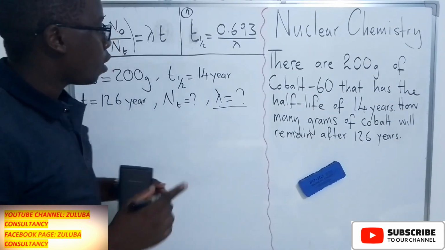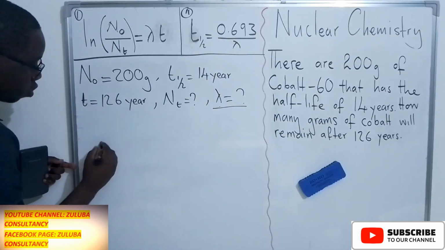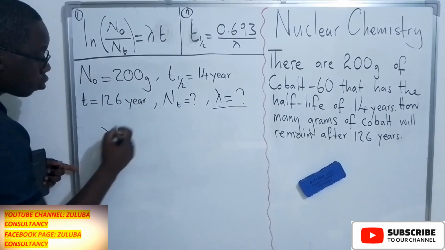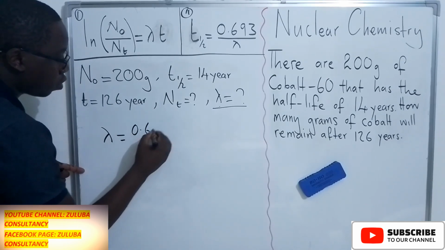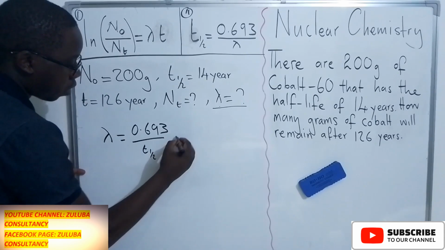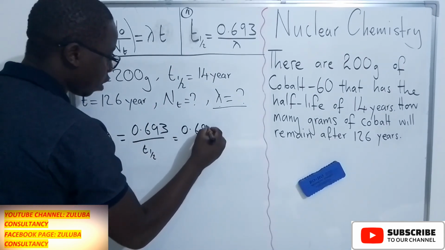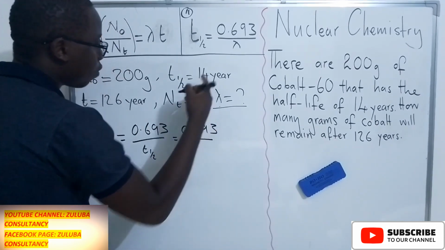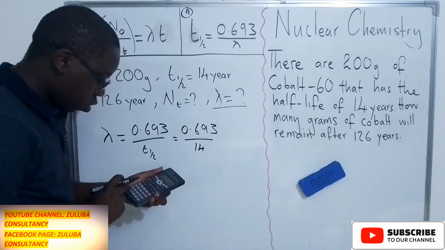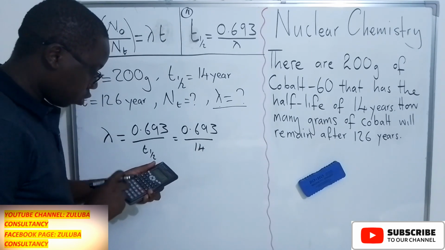For us to find the reaction rate constant, we'll use the second equation, and when we make it the subject of the formula, we'll say the reaction rate constant is equal to 0.693 divided by the half-life. So we have 0.693. Our half-life is 14 years. So let's divide 0.693 by 14.